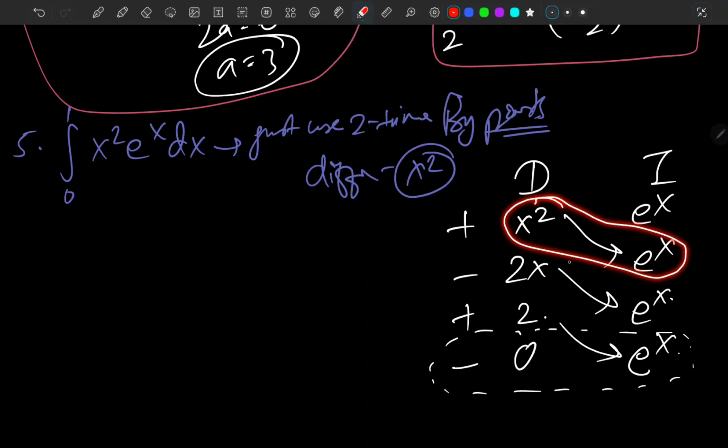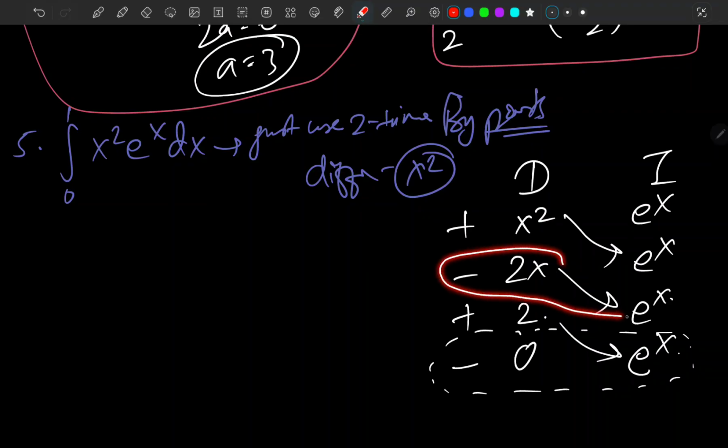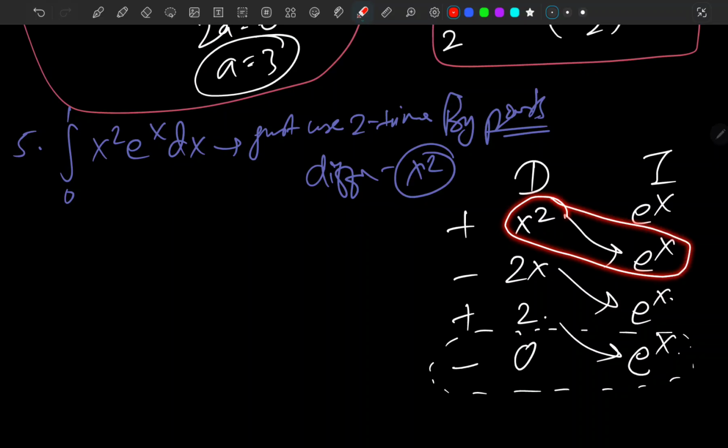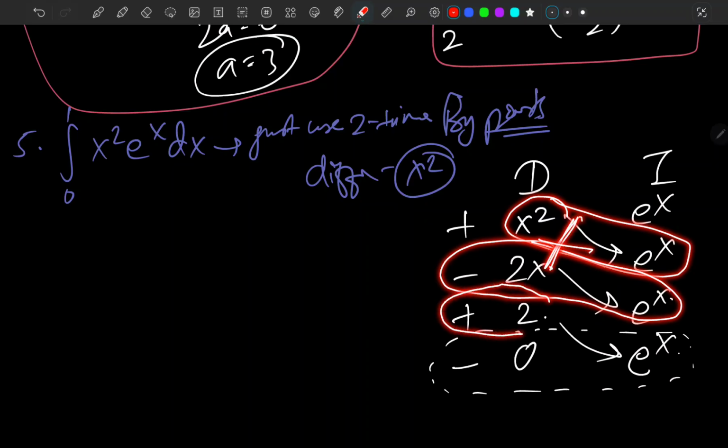Let me tell you how it works. Multiply these two things, and remember the sign. Multiply these two things, again multiply these two, adding them up together, and lastly these two, all added up.